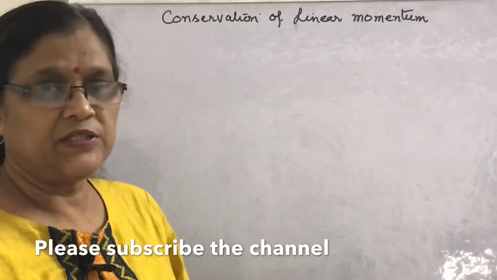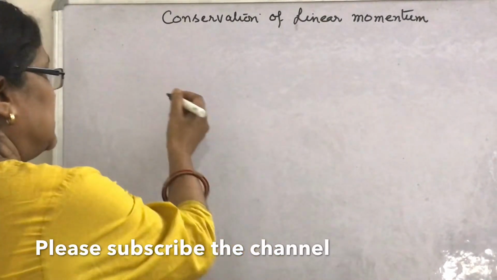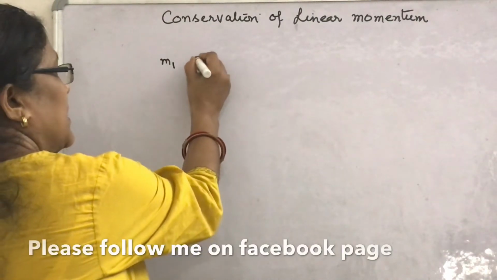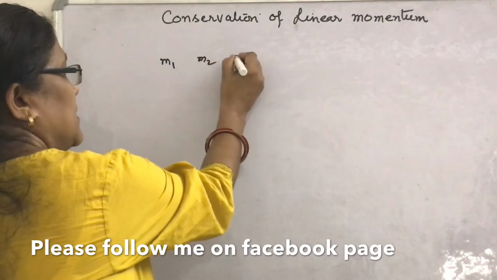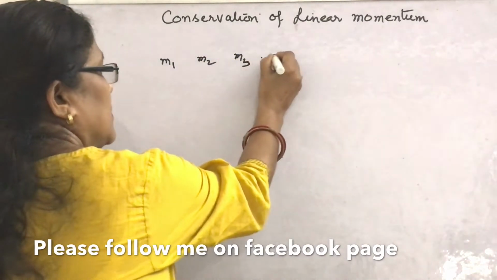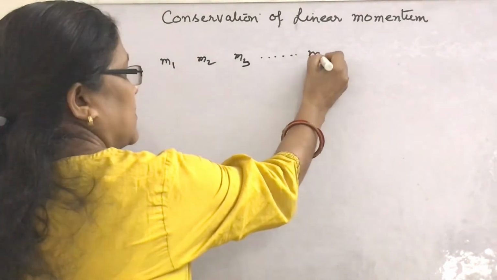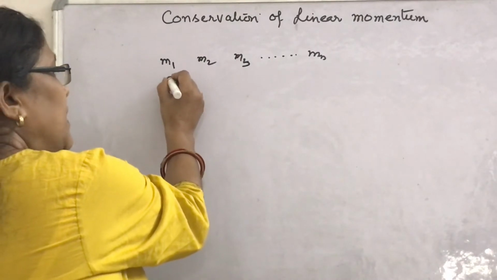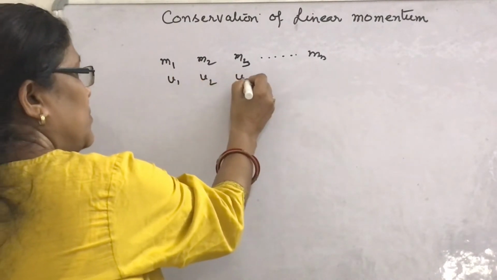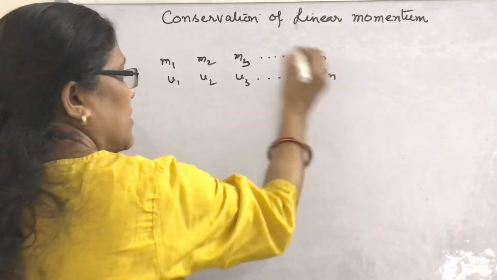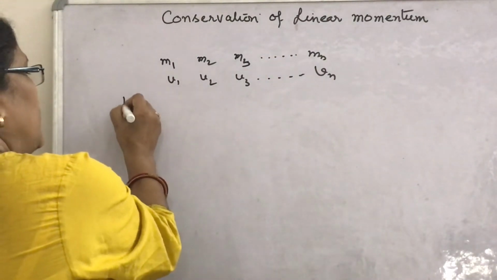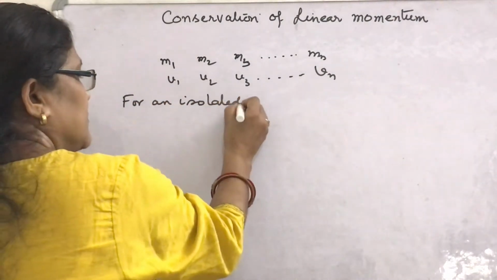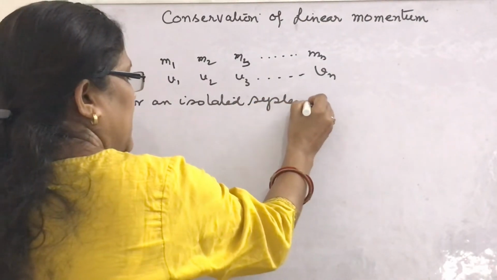How will you express it? Look, suppose there is a system in which a particle of mass m1, another particle of mass m2, then m3, up to n particles, the nth of mass mn. They are moving with velocities v1, v2, v3 and vn. Then for an isolated system, what do we mean by isolated system?